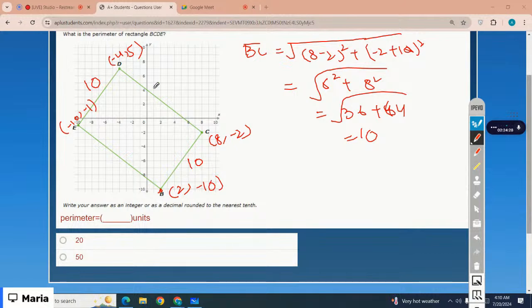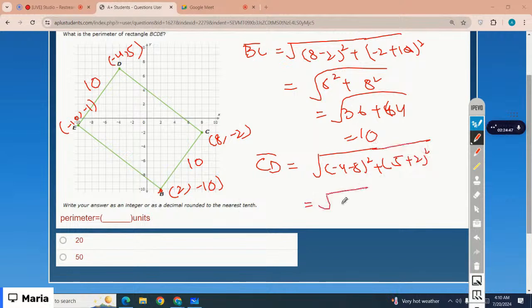Now let's just calculate the side length of CD, right? y2 minus y1. That is 144 plus 49.